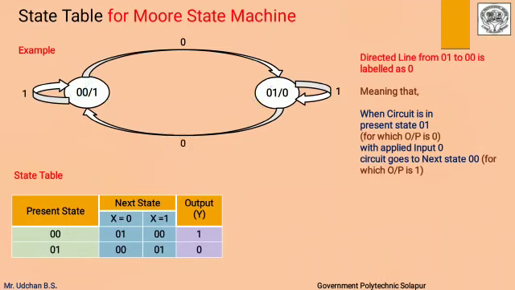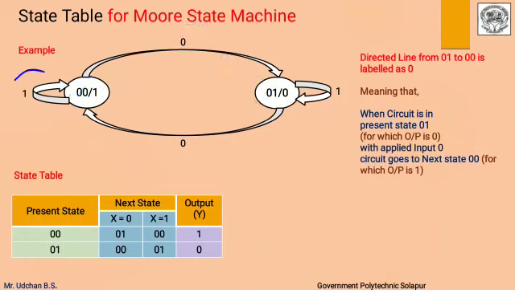Similarly, we can observe the directed line from 00 to 01, which is labeled as 0. Now we can read this as when the circuit is in present state 00, for which output is 1, with applied input 0, the circuit goes to next state 01, for which the output is 0.